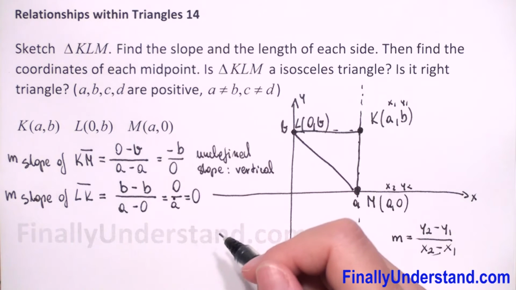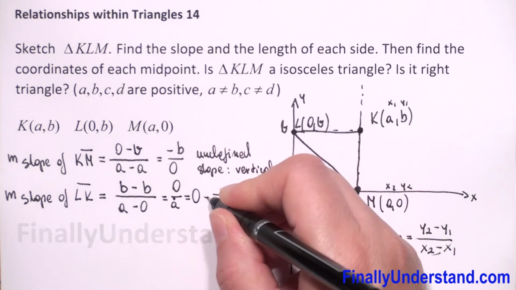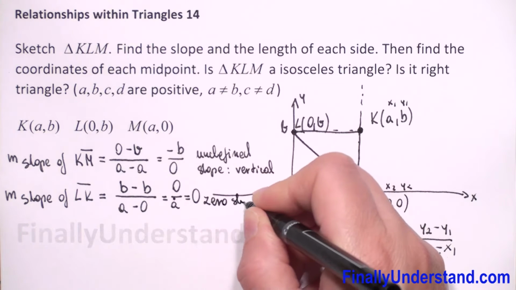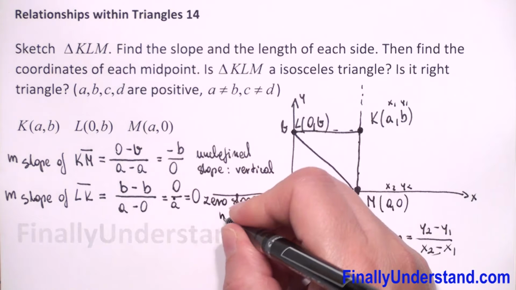When we have 0 slope, then we have a horizontal line. So the line is horizontal.